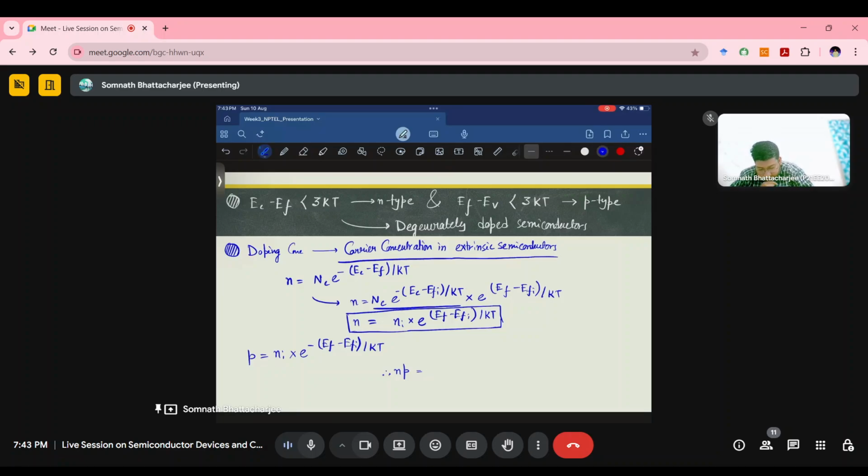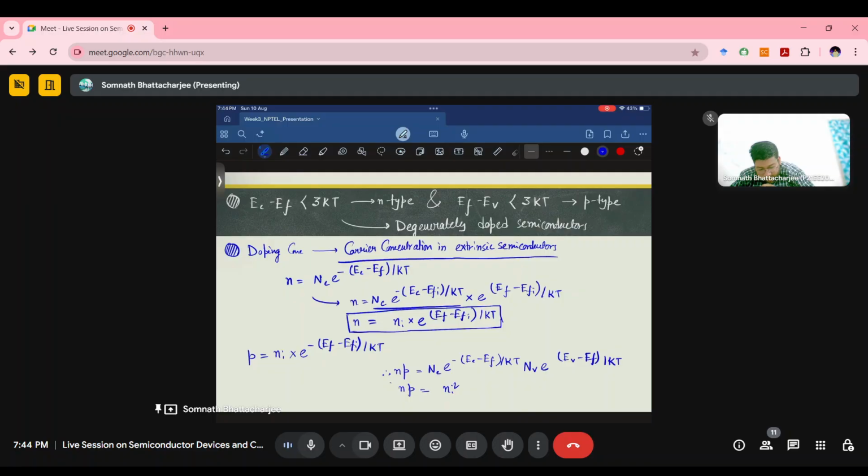Let's say if we have np, we get Nc e to the power of minus (Ec minus Ef) divided by kT, and Nv e to the power of minus (Ef minus Ev) by kT. In this case as well, we will find the value is nothing but ni squared.